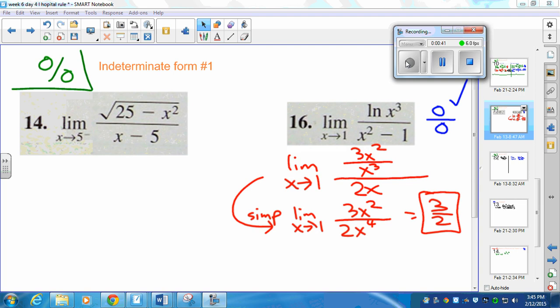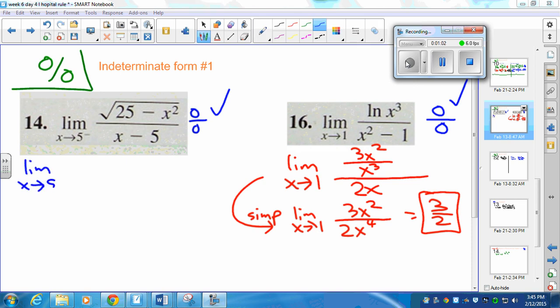All right, so I'm just going to do more practice problems, and I think that will help you if you need the help. So number 14, first thing, always first thing, plug in, and you get 0 over 0. I give you a check saying that's indeterminate because I don't know what 0 over 0 equals. So I'm allowed to take derivatives of top and bottom. So I'm going to do negative 2x over 2 square root of 25 minus x squared, all over 1.